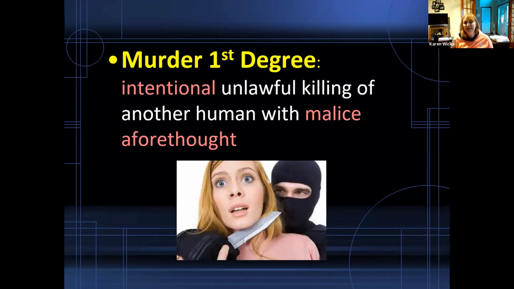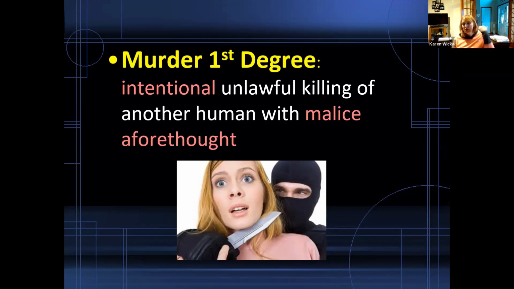So malice has been defined as a severe, intense hatred. So you have to have this malice, this severe hatred. You're evil. It's like a really super evil heart. You also had to prove a forethought. A forethought means you thought and planned it out ahead of time.